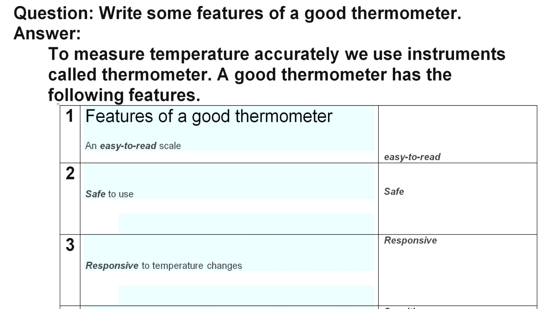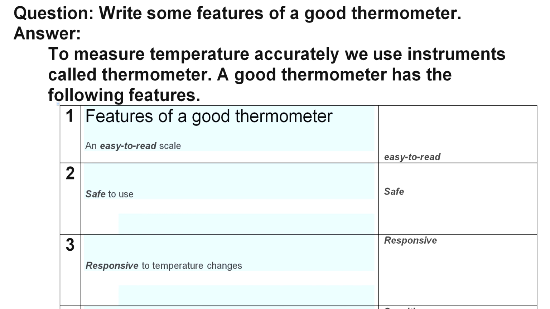A student, a teacher, and even a person at a site can use it. So it must have an easy to read scale. It is compatible with human beings, so we can read it easily. It should not have algebra or algorithm involved in it to solve and then write the temperature. So it must have a calibrated written scale on it.